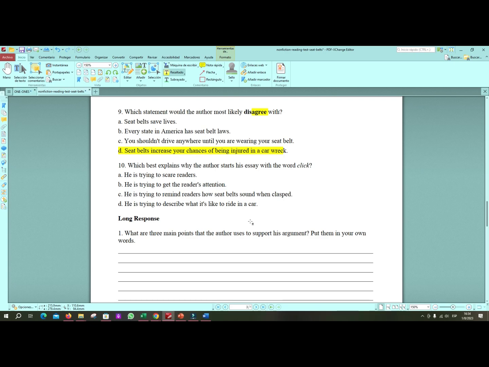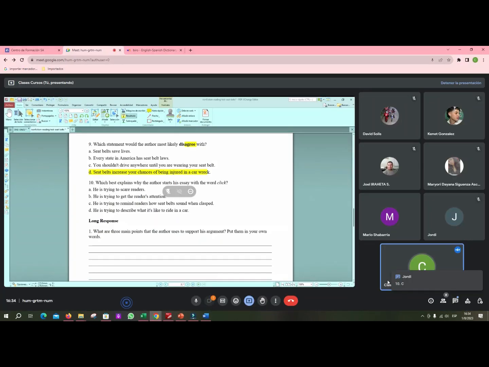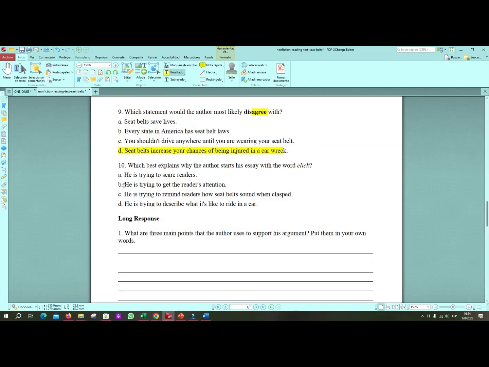Or he's trying to describe what is likely to ride in a car. What is the answer? Letter C? Letter B. Letter B, yes. That is letter B, easy, right? He's trying to get the reader's attention. Yes, that is the correct answer, right?